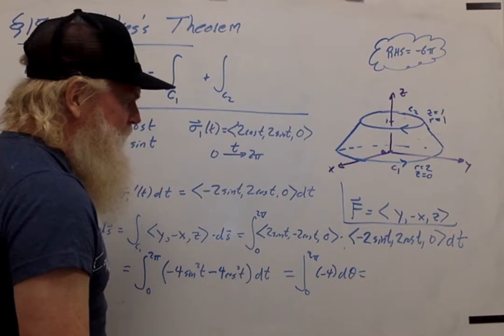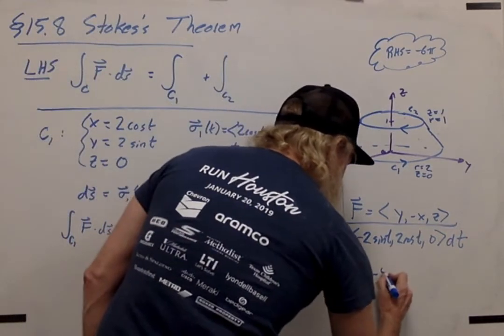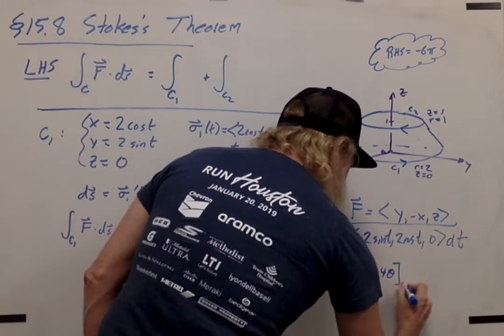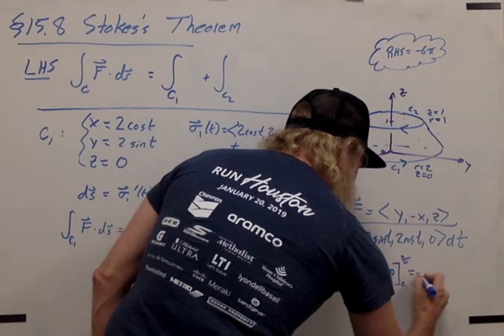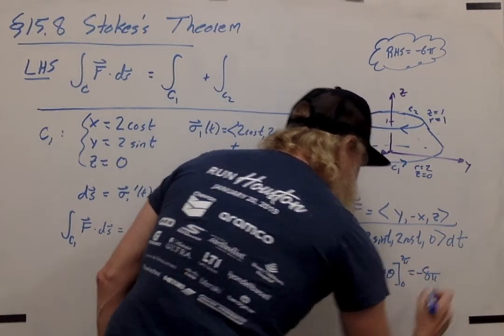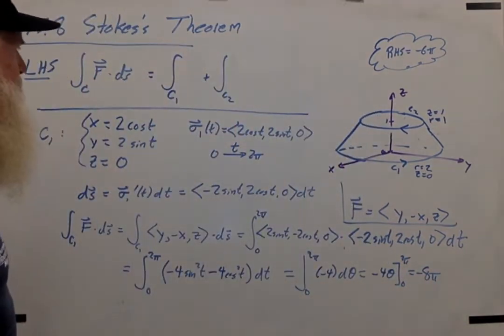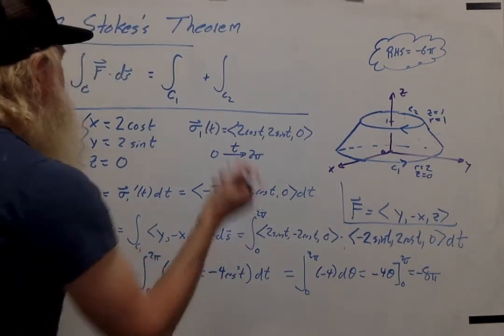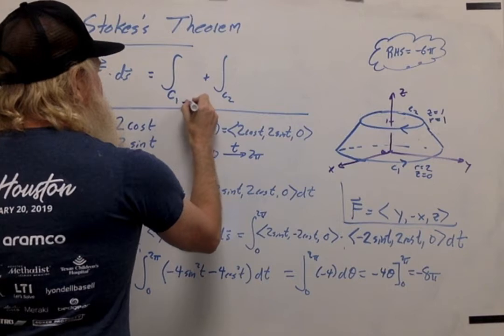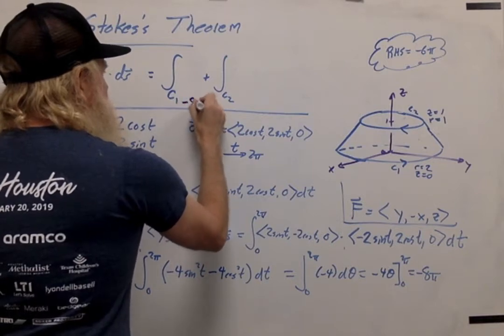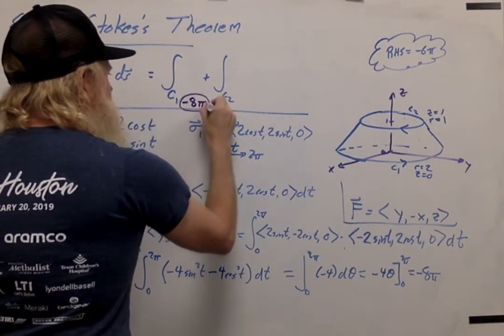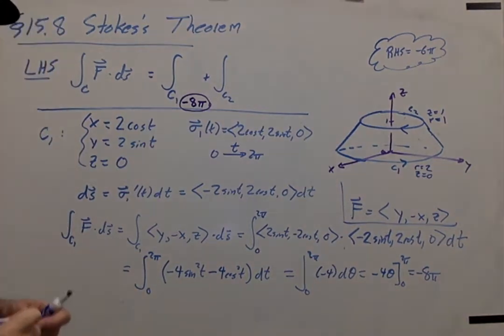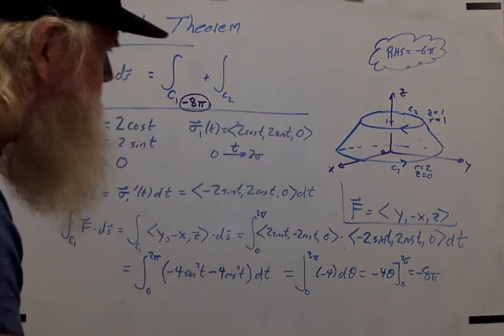And then the integral of negative 4 dt will be negative 4 t, taken from 0 to 2 pi, is negative 8 pi. So the integral along C1 is negative 8 pi. Let me capture that there. And we'll continue to the curve C2.